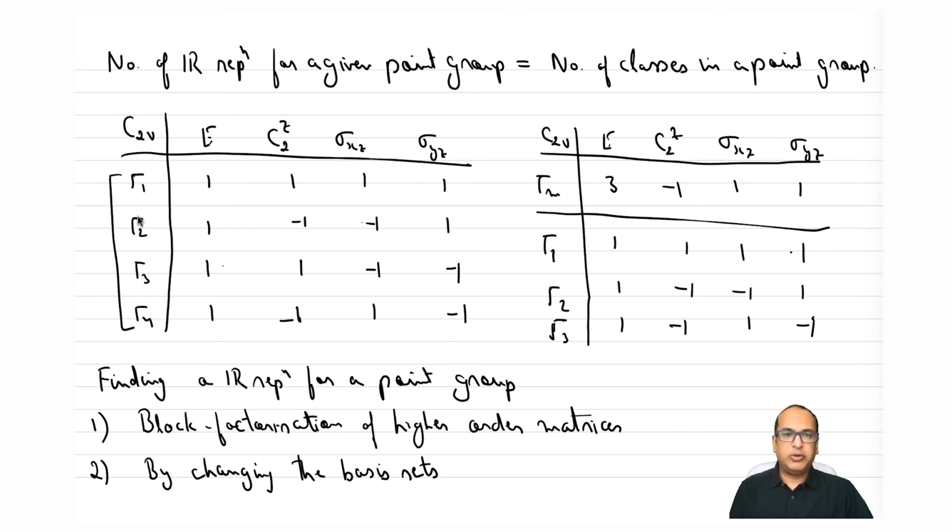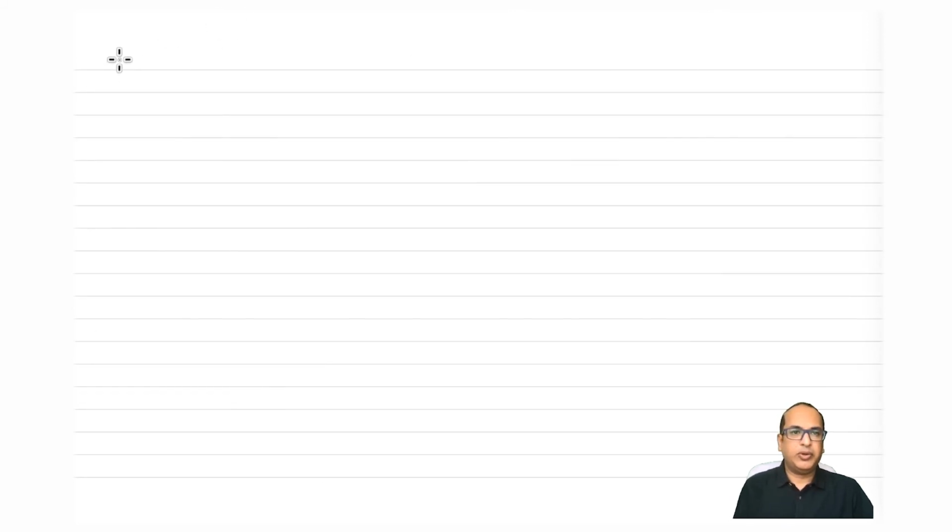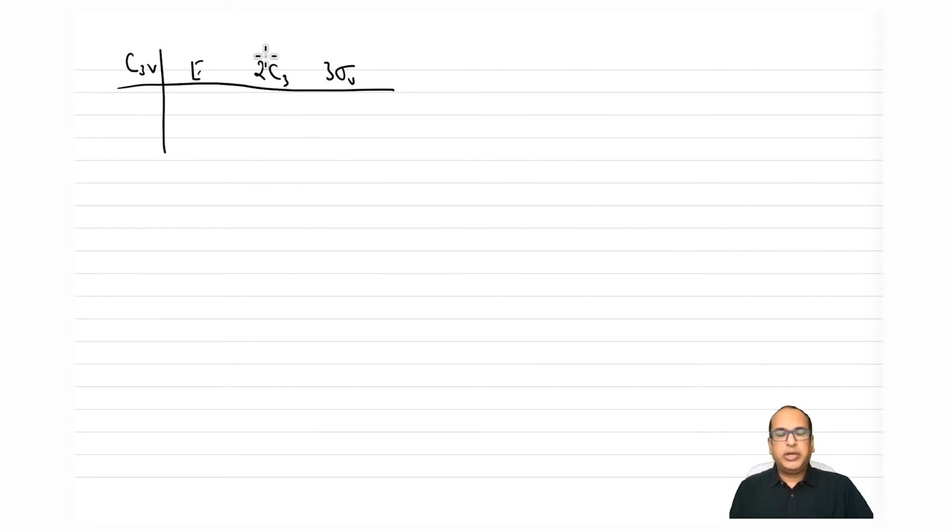So now let us see how to write one for the C3v point group. Okay, so for the C3v point group, the group elements or operations are E, 2C3, 3 sigma v. Now you notice one thing here, that I have clubbed C3 and C3 square into one class, and then I have written 2 in front of it, because there are 2 elements in that particular class, right?